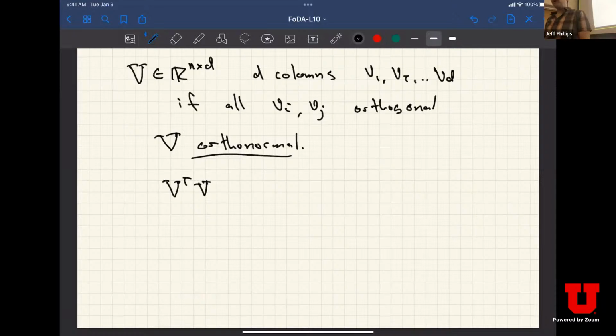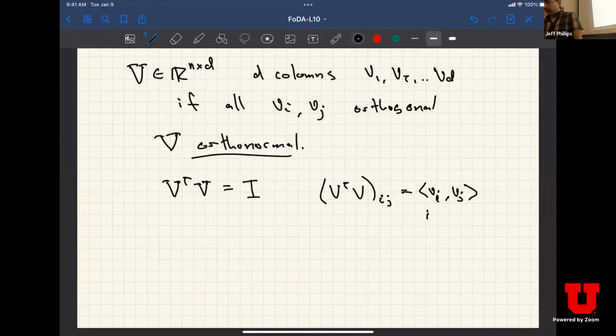So this is going to be D by D. And this is going to be equal to the identity matrix. If I think about V transpose V, and I think about the ij entry here, this is going to be the inner product between Vi and Vj. So what happens if i and j are not equal to each other?